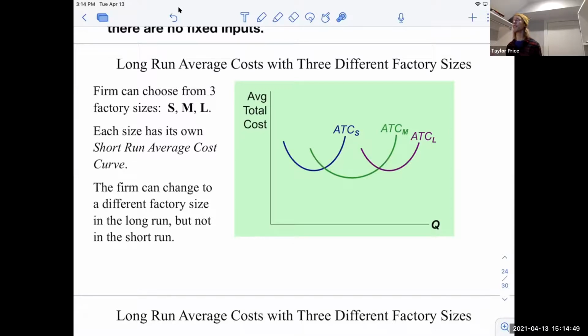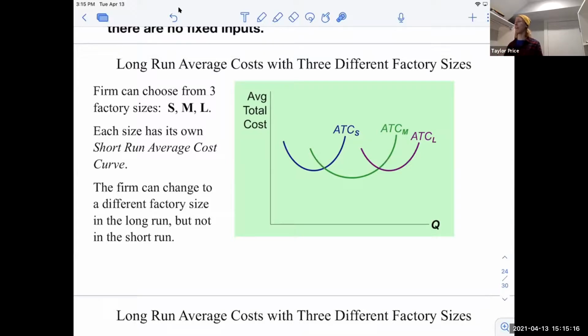For example, we can see with the ATCS, that is a small factory size. That is the firm's average total cost curve if they are a small factory. But if the firm is producing a larger quantity, then the firm is going to maybe increase their factory size.